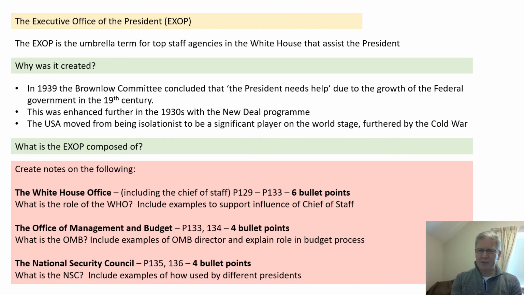This is significant in the development of the budget and how it is passed through Congress, so knowing who the OMB director is and the role they play is also significant. And finally, probably best known, is the NSC, or the National Security Council. What you need to know is who's involved, examples of how it's been used, and possibly also the National Security Advisor, and maybe some tensions that may exist with the Secretary of State. So what I need you to do is make notes on these particular areas.